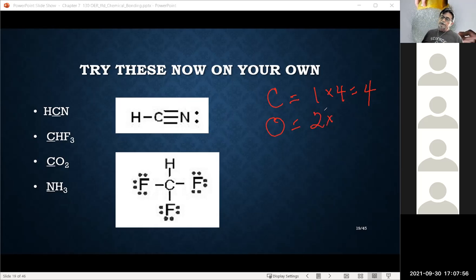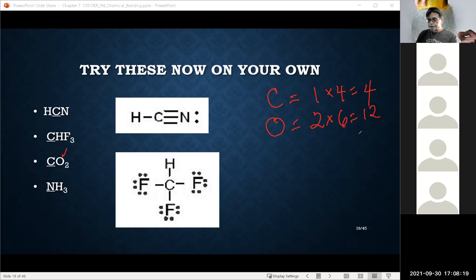Now, how many valence electrons does each oxygen bring to the table? How many valence electrons does oxygen have? 6? You got it. It's in group 6.